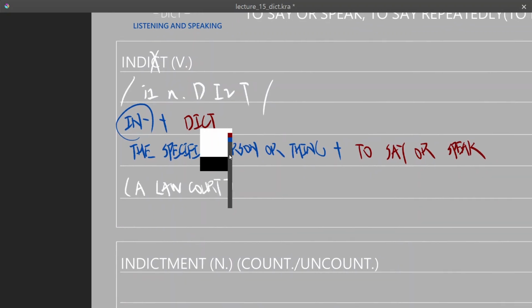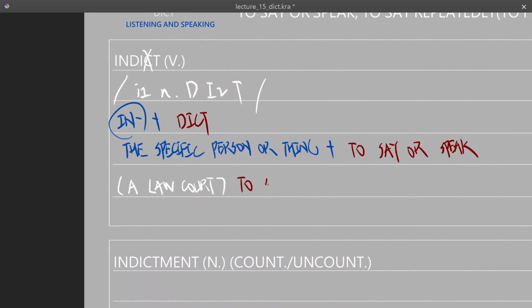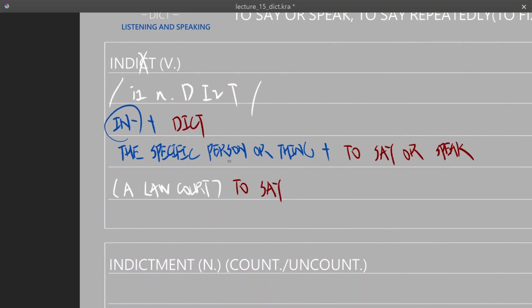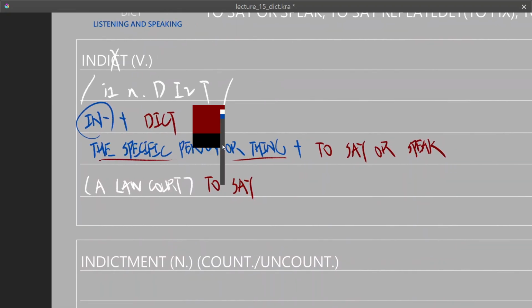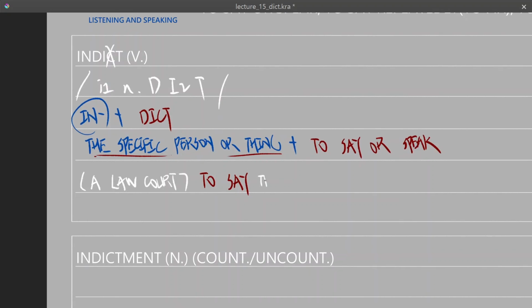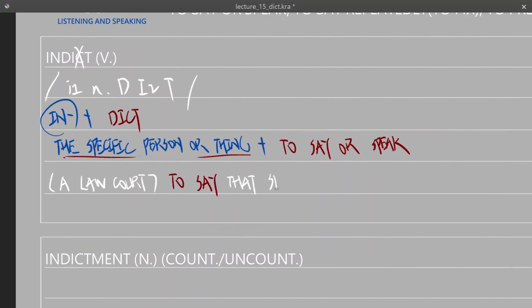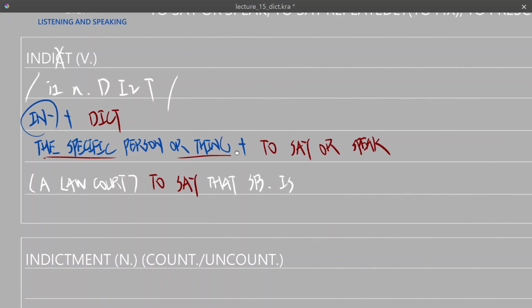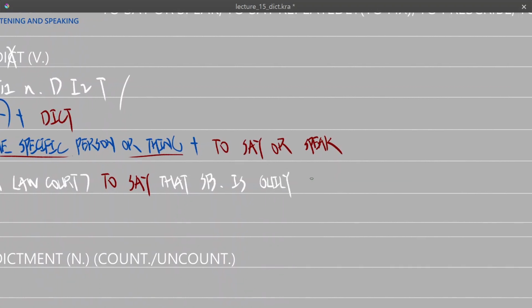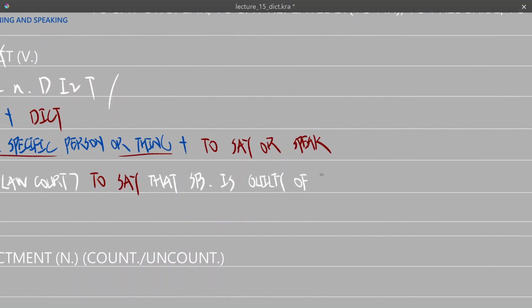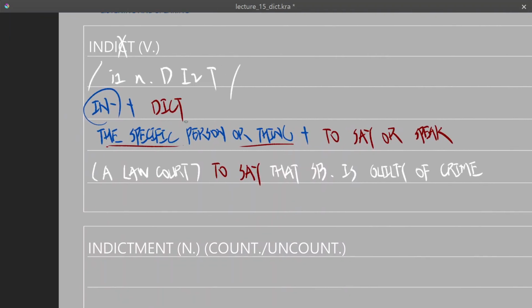To say something, to say the specific thing. So to say what? To say that somebody is guilty of a crime. Yes. To say that somebody is guilty of a crime.